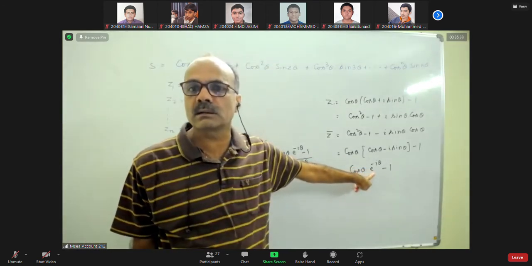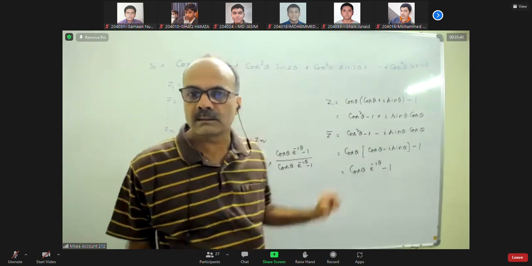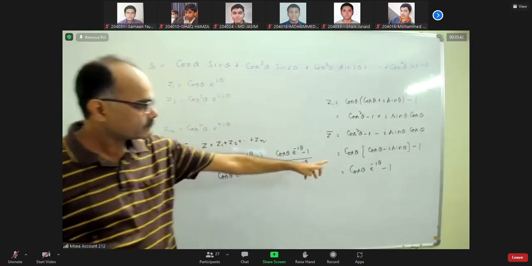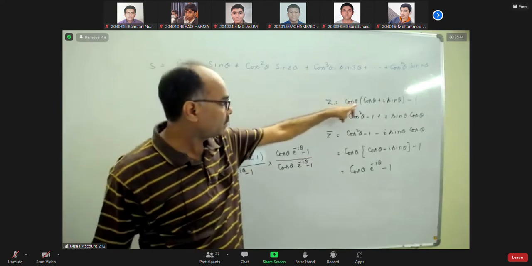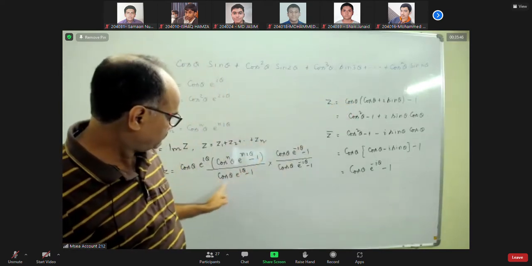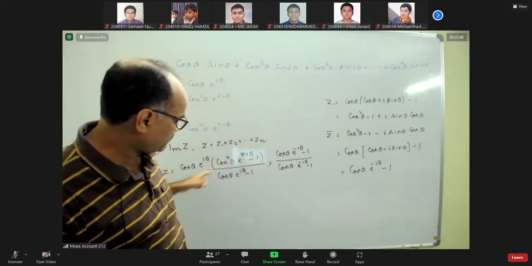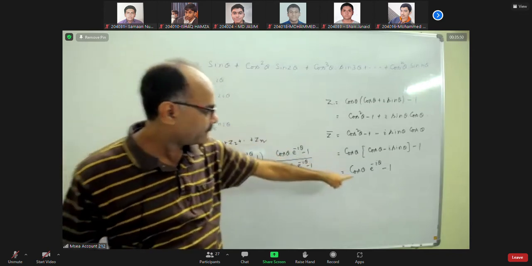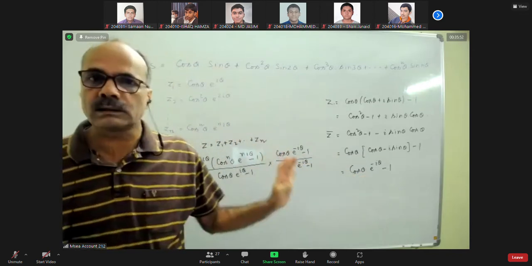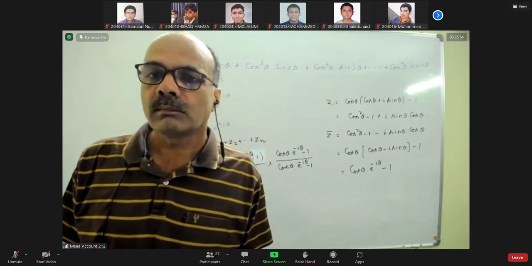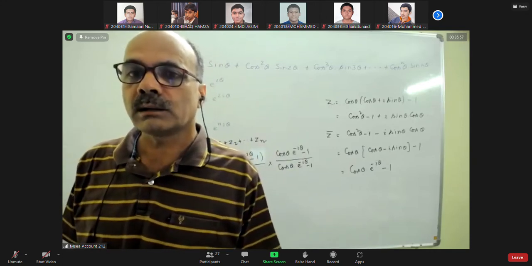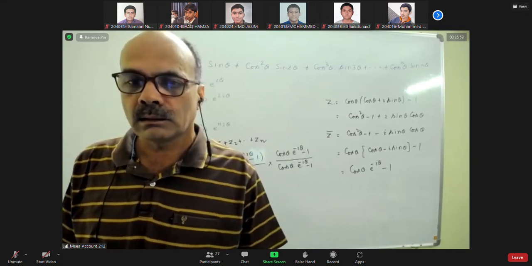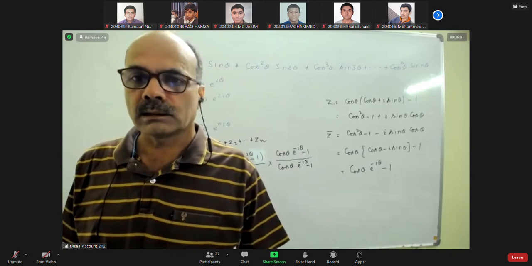Cos minus theta is cos theta, sin minus theta is minus sin. Got the same thing? This is Z, that is this whole complex number. Conjugate of this: just replace, whether in Cartesian form or polar form, to find conjugate we will replace I by minus I. Okay?